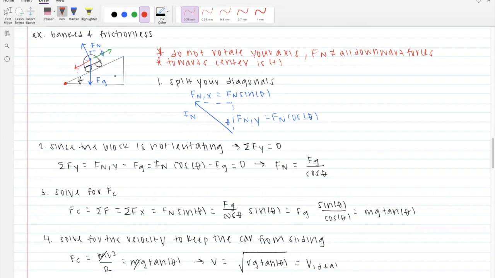And you can kind of experience this with your car. That's why when you are driving and you go around a curved road, you want to decelerate. Because if you go at too fast of a velocity, you're going to start to feel as if your car is pulling you away from the center of the curve.